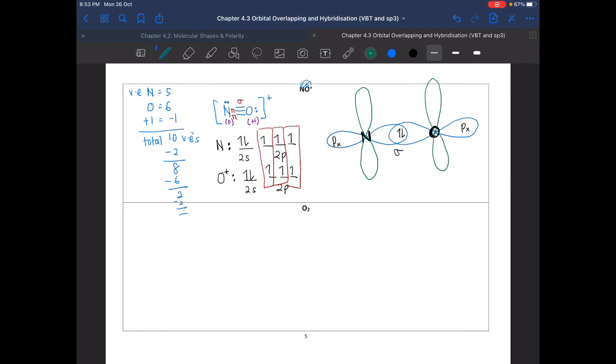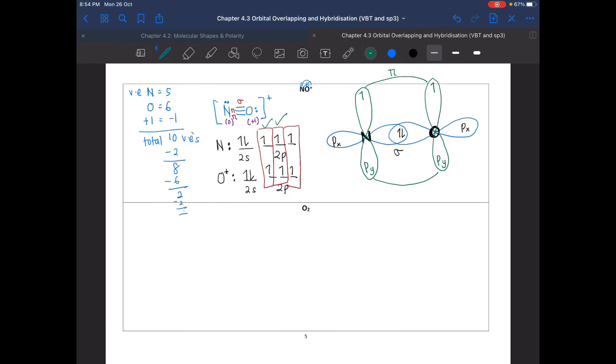Okay. So over here is PY. Ini pun PY. 1 electron, 1 electron. Okay. So dia overlap, dia sigma bond dah done. So that means the rest is pi bond. So ini pi bond. Okay. Done. So kita dah settle dua.